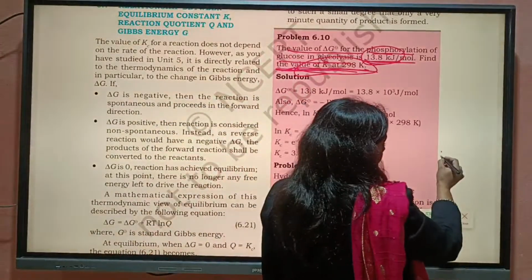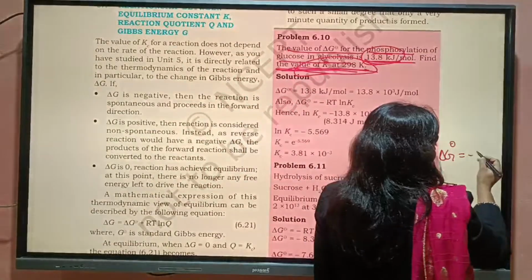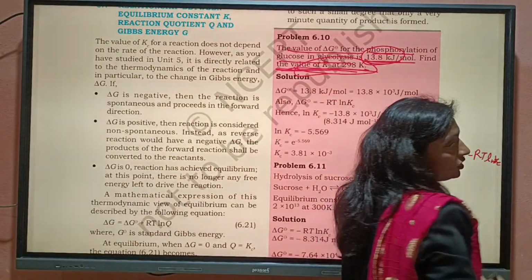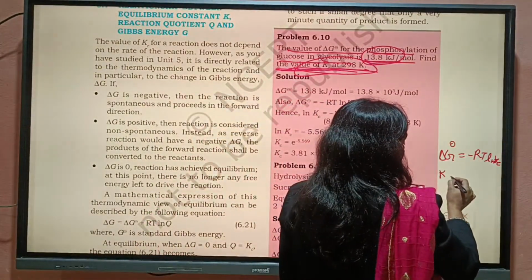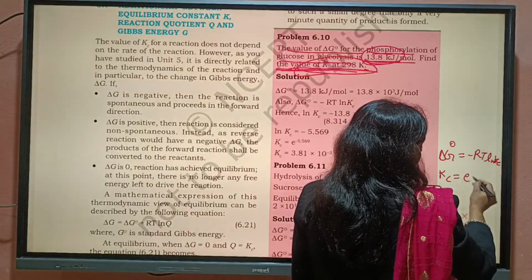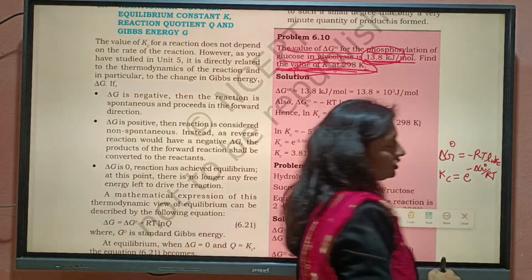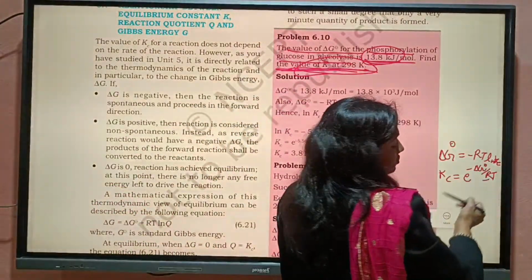So del G naught is given, and you know very well it is equal to minus RT ln Kc. Kc is equal to e raised to the power minus del G naught by RT. This is the relationship. Now R is not given, R is a constant.